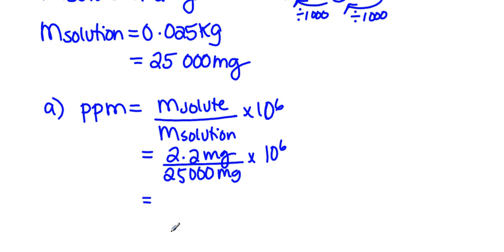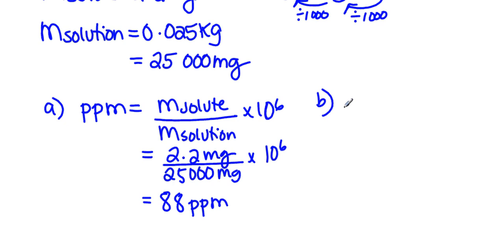And then when I do that in my calculator, I get 8.8. Sorry, I take that back. It's not 8.8, it's 88 parts per million. Always double check your answers.